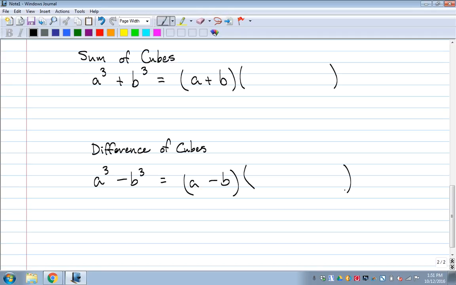I'm not very good at memorizing things. I looked at it and I said, okay, if I used one of the a's here, how many are left? 2. So that would be a squared, right? If I use one of the b's here, how many b's are left? 2. So that's b squared. So the front and the back are those pieces. A squared, b squared.